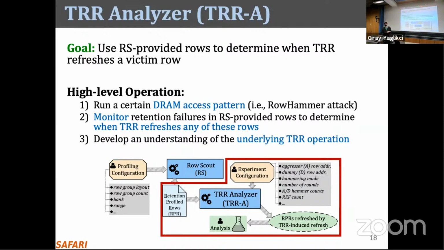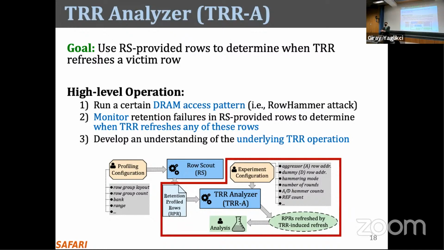So here, in step 1, we run some access patterns that we expect to affect the TR mechanism to target potentially these rows that are being monitored, rows whose retention times we know, right? If the TR mechanism refreshes these rows, we expect to see no failures after the retention time that we have measured.